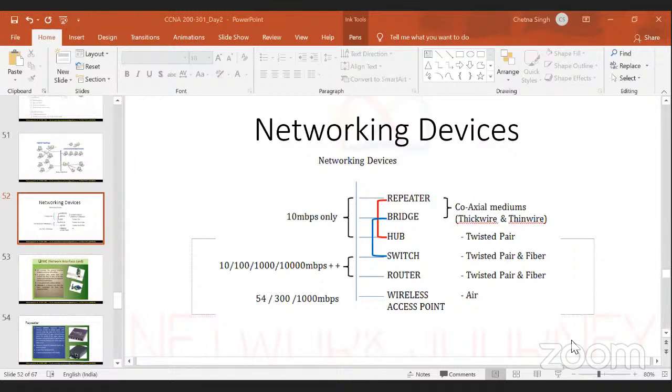These three devices are more or less not in use much. Though repeaters are still in the picture because they boost the signal when you are traversing a packet from one place to the other. Since in the real-time scenario, it is going in the form of a signal.